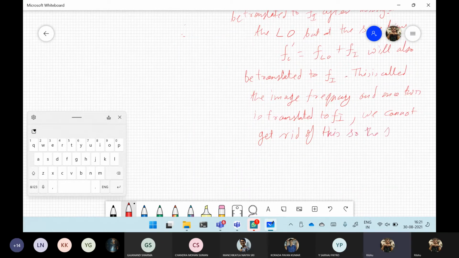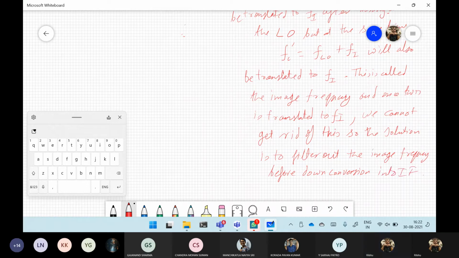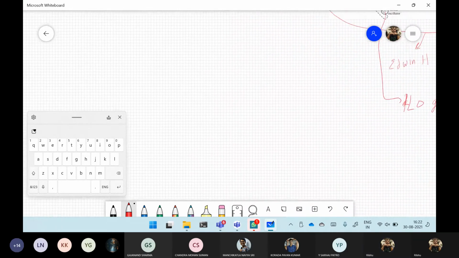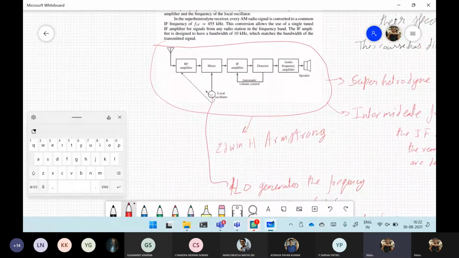So the solution is to filter out the image frequency before mixing. Fine. So this is how the super heterodyne receiver works.